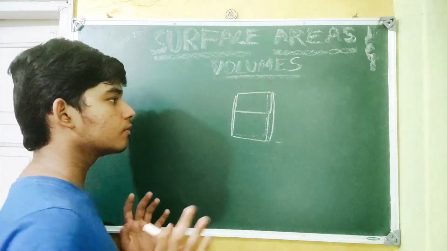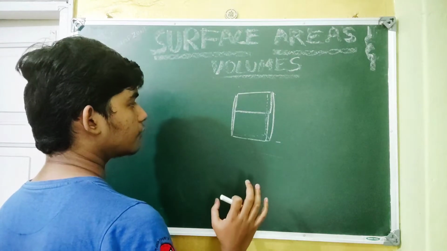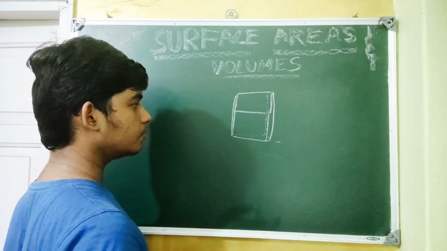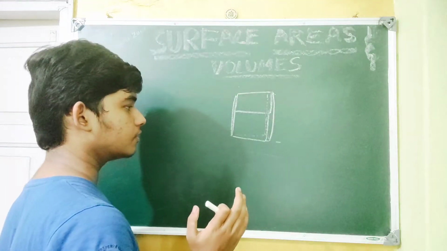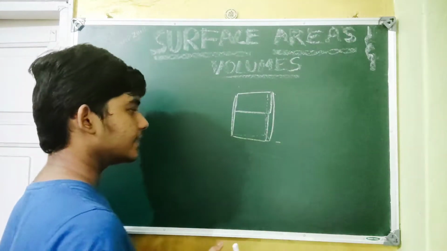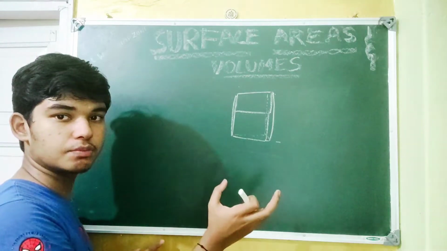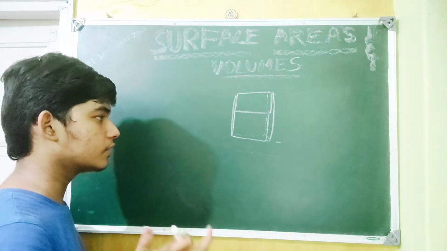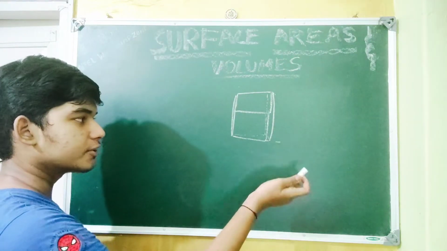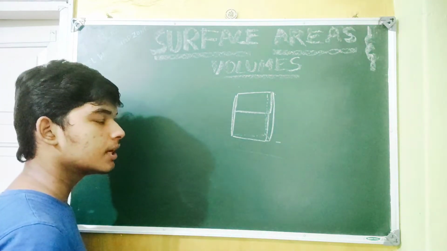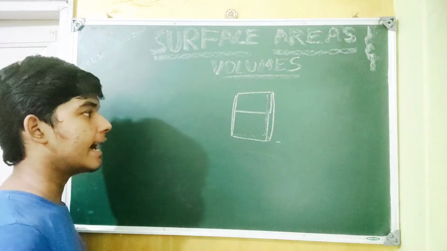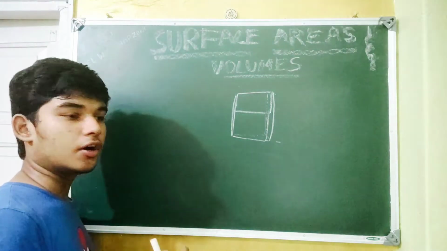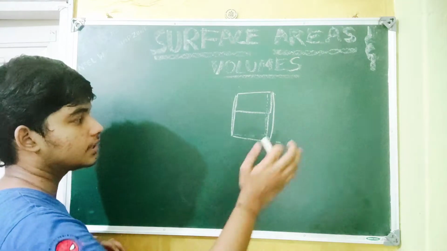So now what will be the area of the cube? To find out the area of the cube, we need to use basic things. So for example, to find out the surface area of a cube or cuboid whose sides are not equal, let's say this is 3 centimeters, 2 centimeters, 4 centimeters, what you can do is you can basically add up all sides. To find out the surface area, you need to add all 6 sides.